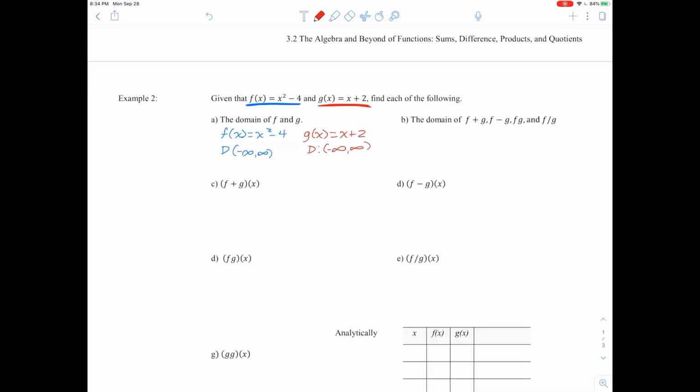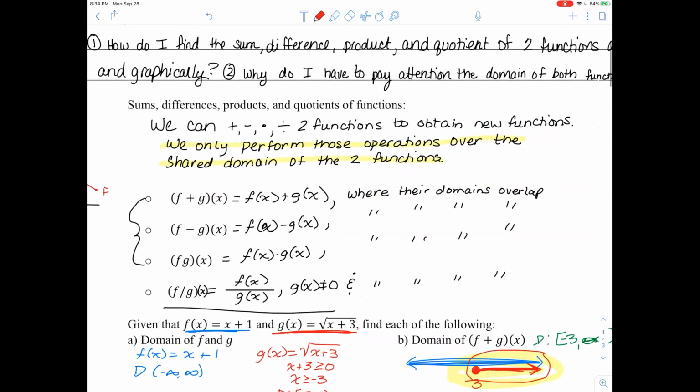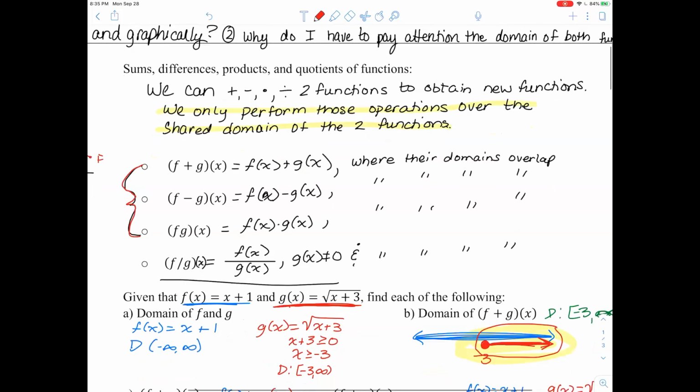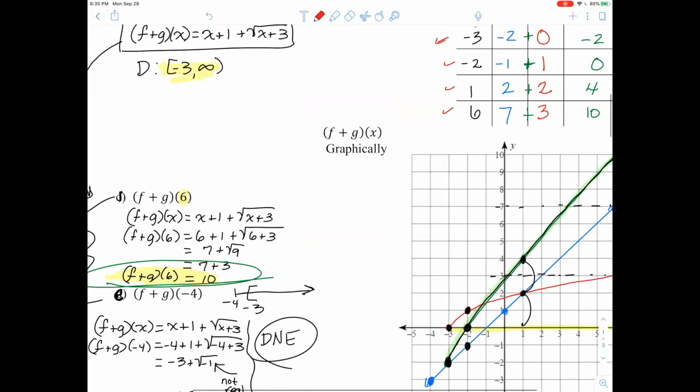So let's just think about what the domain of adding, subtracting, and multiplying them is. Because remember what I said back up here. You can add, subtract, or multiply them where their domains overlap. So they would all have the same domain when you add, subtract, and multiply them. And since they overlap everywhere, the domains of these two functions when we add, subtract, and multiply them would be unrestricted. But remember that when we divide them, our denominator can't equal 0, so it will add one restriction.